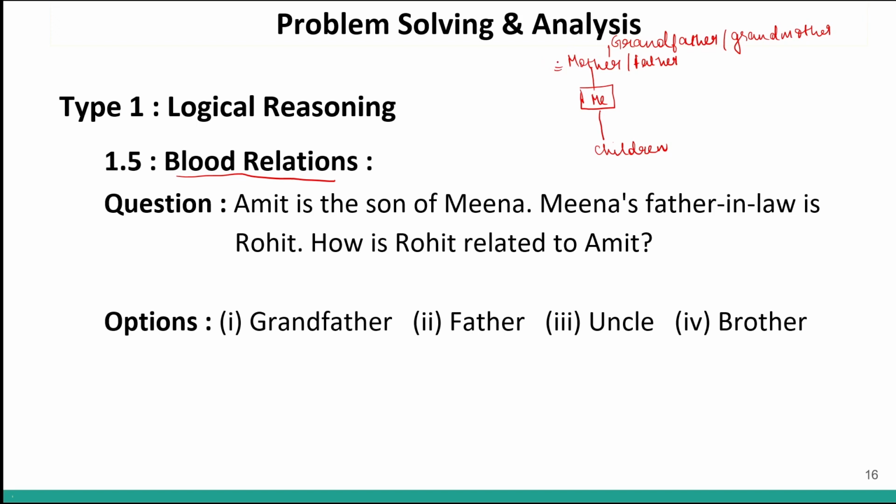The generation of my mother and father will also have my uncles and my aunts. Correct? The siblings of my mother and father. Then I will have siblings, that is one relation in my generation, or I can have my spouse. Correct? Two relations. Now, my spouse will also have their parents, mother and father.